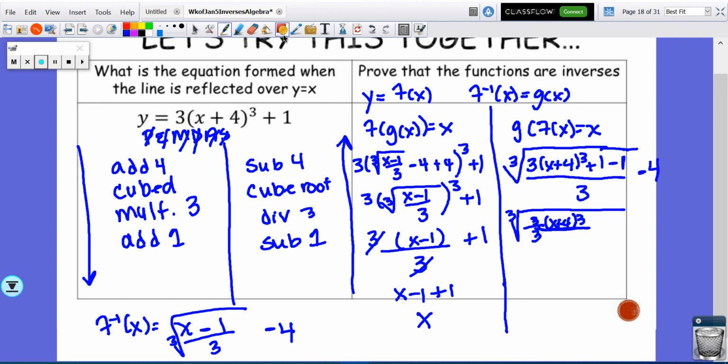Wait a minute. Let me write that a little neater. So we get 3 times x plus 4 cubed, that's one quantity together, over 3, plus 1 over 3, minus 1 over 3, minus 4.